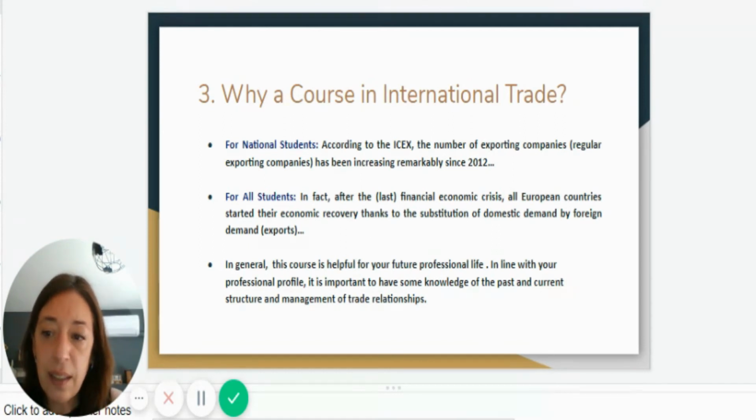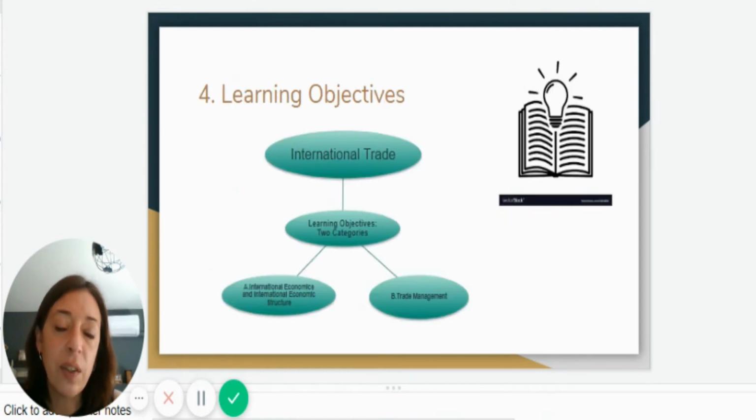About the content, the learning objectives and the contents of the course. I usually organize the learning objectives into categories. The first category relates to international economics and international economic structure. And the other category relates to trade management.